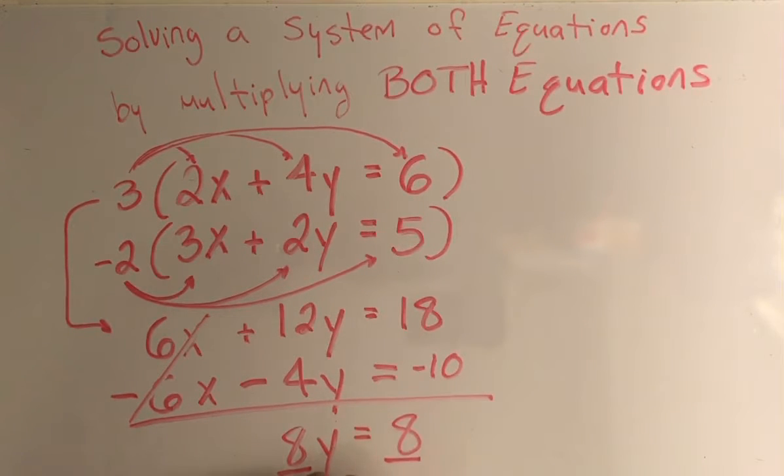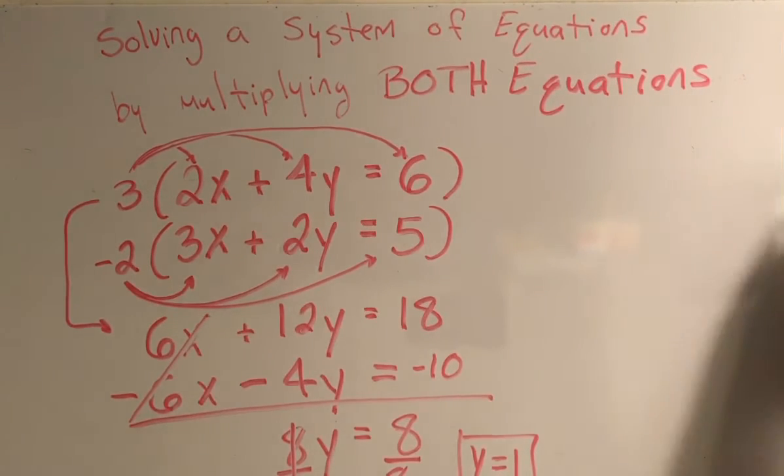So I'm going to divide both sides by 8. That cancels. And that's 8 divided by 8 is 1. So y equals 1.